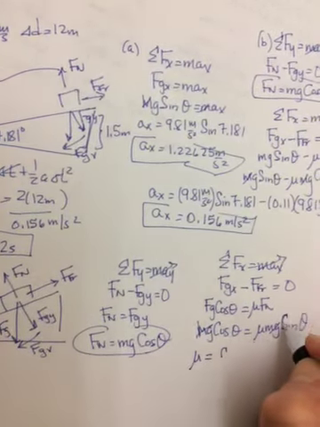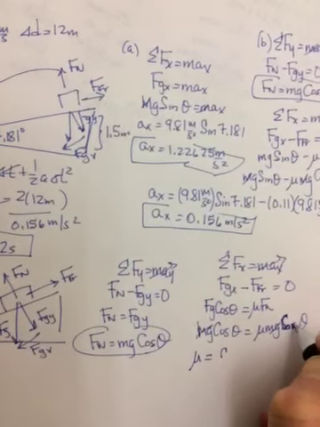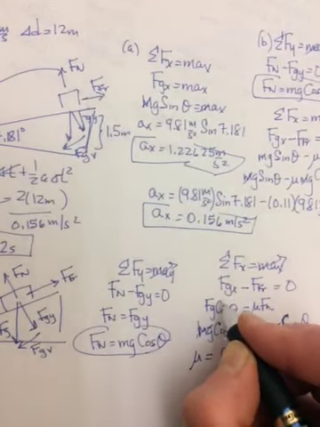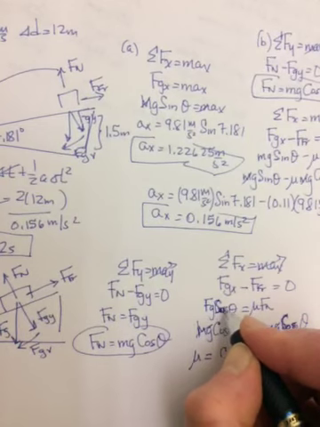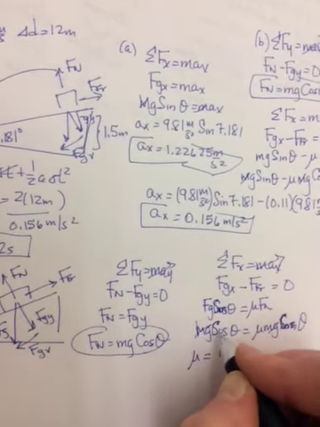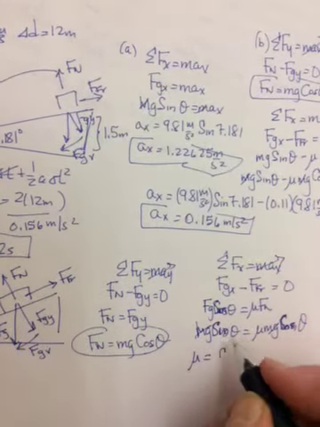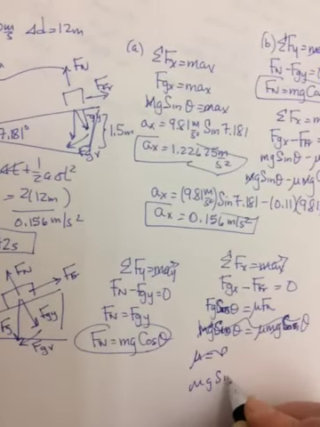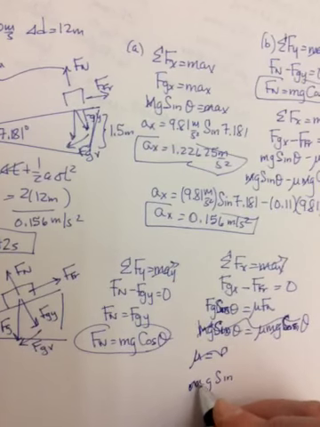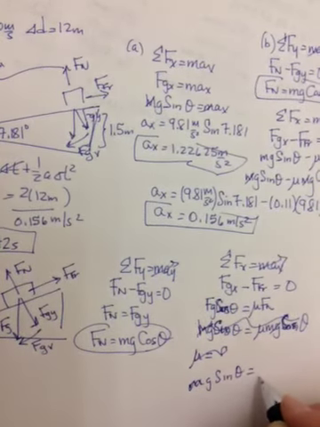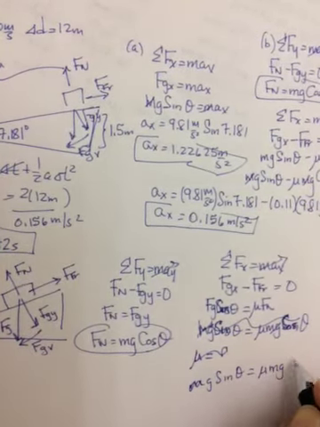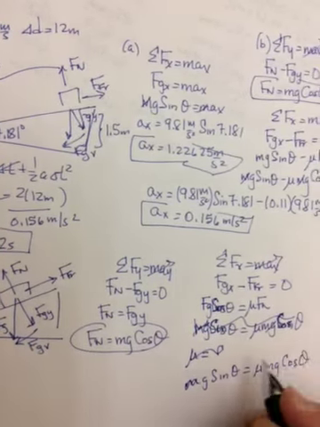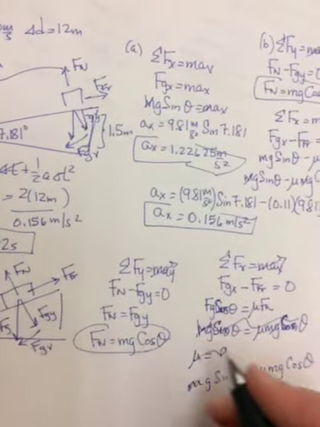I did. This is cos theta. And this is sine theta. How did I do that? I even had cos theta over here, and this is why it happens when you're not with me. So this should be mg sine theta is equal to mu mg cos theta. Sorry about that. Okay, because x is sine.